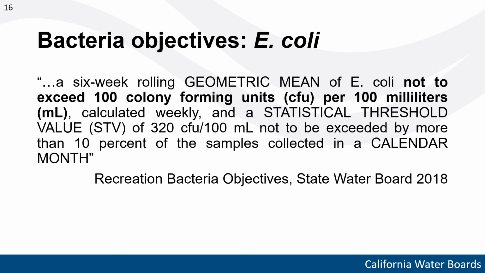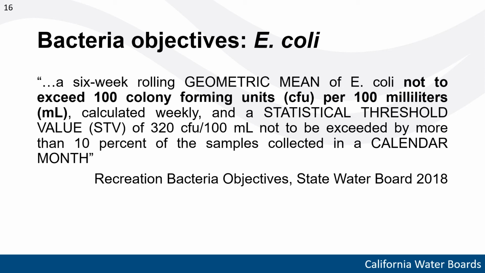Now let's take a look at the new E. coli objective adopted by the State Board in August of 2018. This objective is specifically written to protect the recreation beneficial use. The objective is derived from the federal US EPA criteria for bacteria, which was published in 1986 and which was republished in 2012.